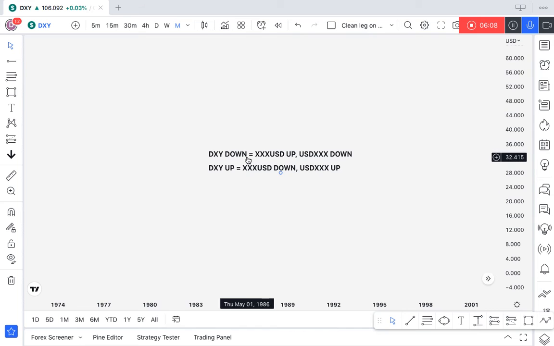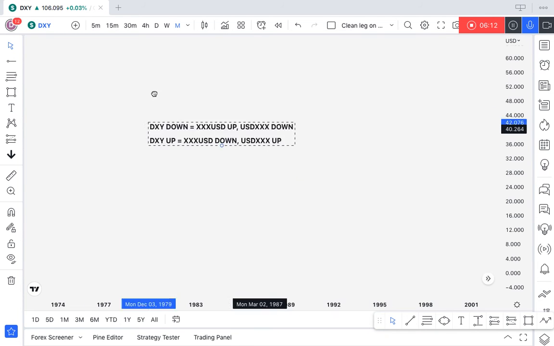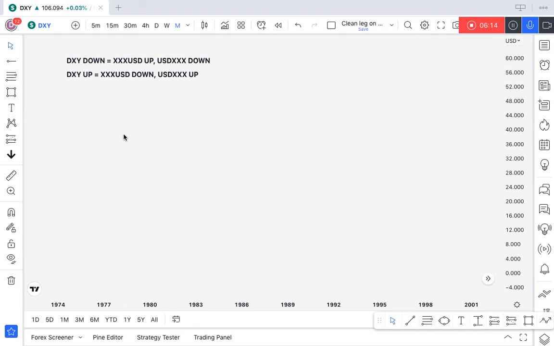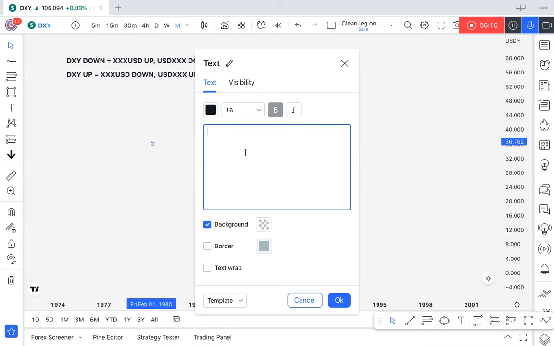The DXY down equals XXX USD pairs up. By XXX USD pairs, I'm talking about the ones I can remember anyway: your GBP USD, your XAU USD, your EUR USD, your AUD USD, and the rest, if there are other ones that you actually trade, because these are the ones I focus on.